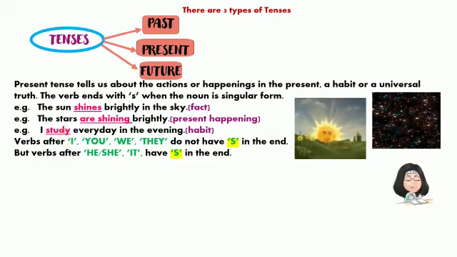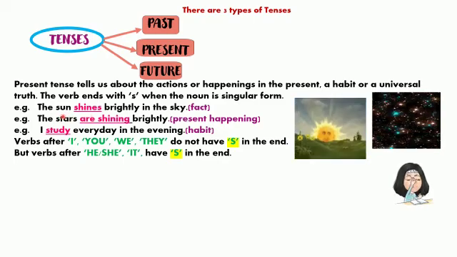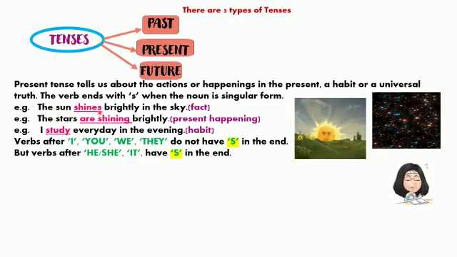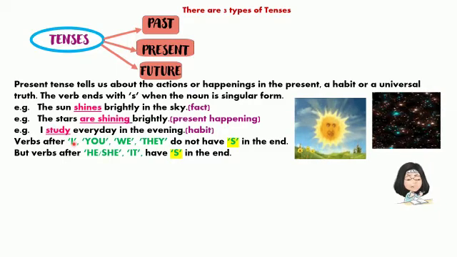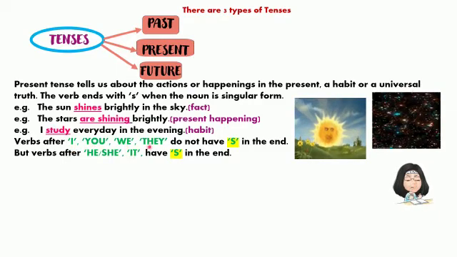So when you take a look at the sentence, the sun shines. It is only singular. I also is singular, but it happens that sometimes you have to write the s and sometimes you don't have to write the s. Now these are the exceptional cases where you don't have to write s. When the noun or the pronoun begins with I, or the sentence begins with I, you, we, they.